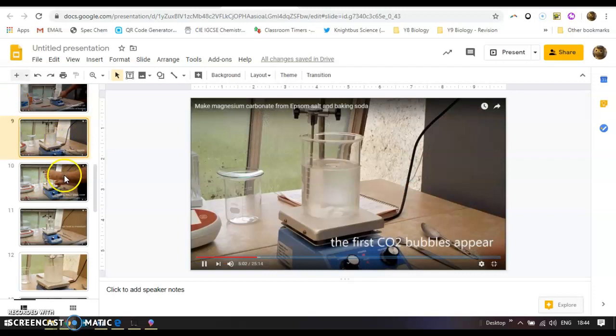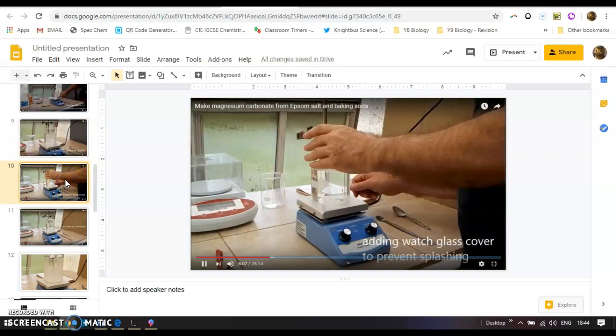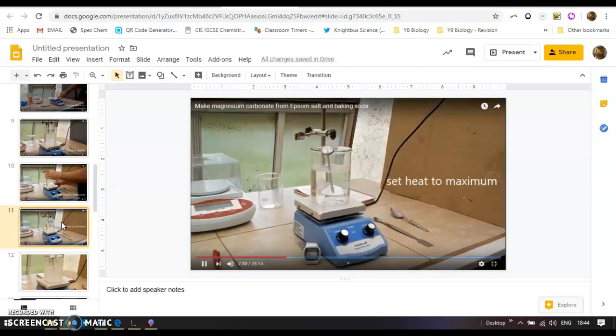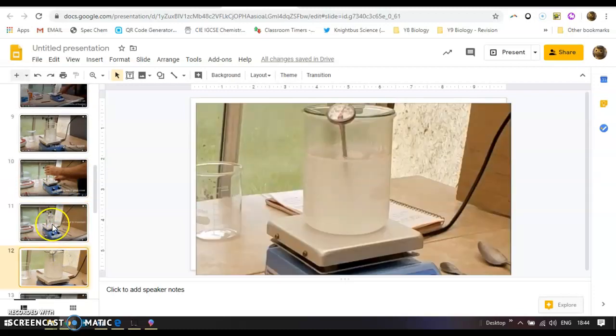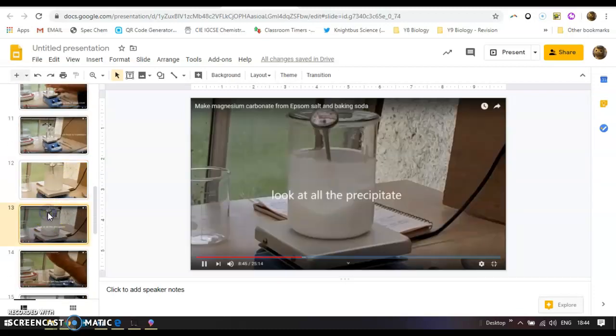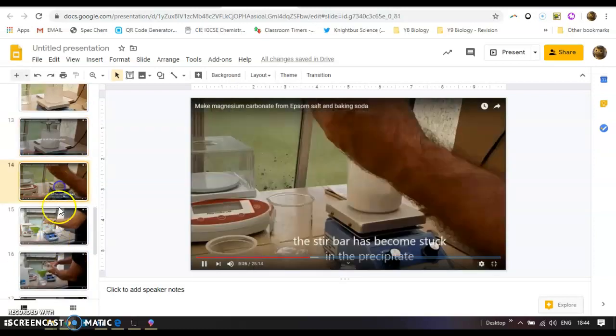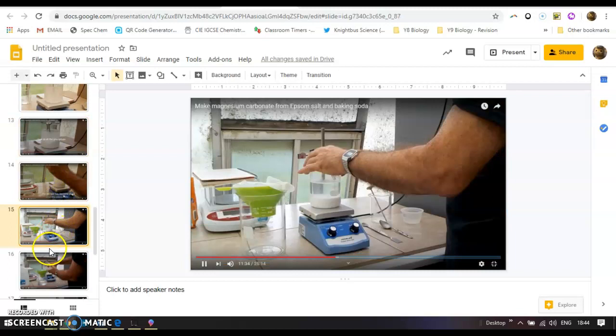You'll get some carbon dioxide bubbles appearing. It doesn't boil. You set the heat to maximum to get the reaction going, and then you form a precipitate.